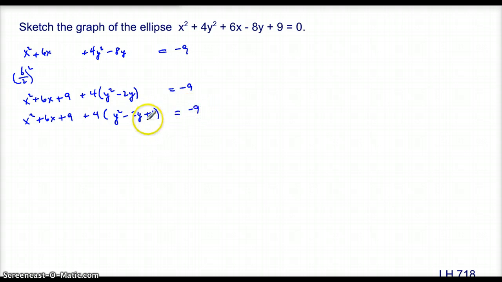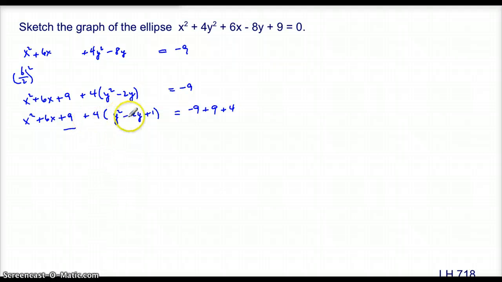Now, what we've done here is erroneous in that we have added 9 and added 4 times 1. So I need to do that to the other side. I need to add 9 and add 4 times 1, or 4.